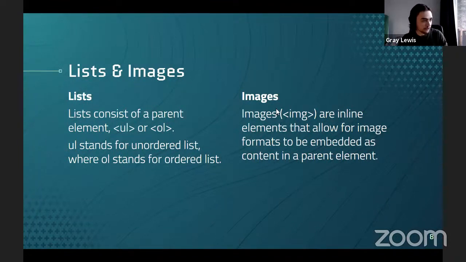And then over here we have images, which are another semantic element, which, as you can imagine, are used for the display of images. And one thing that's important for is just handling the attachment of media, right?